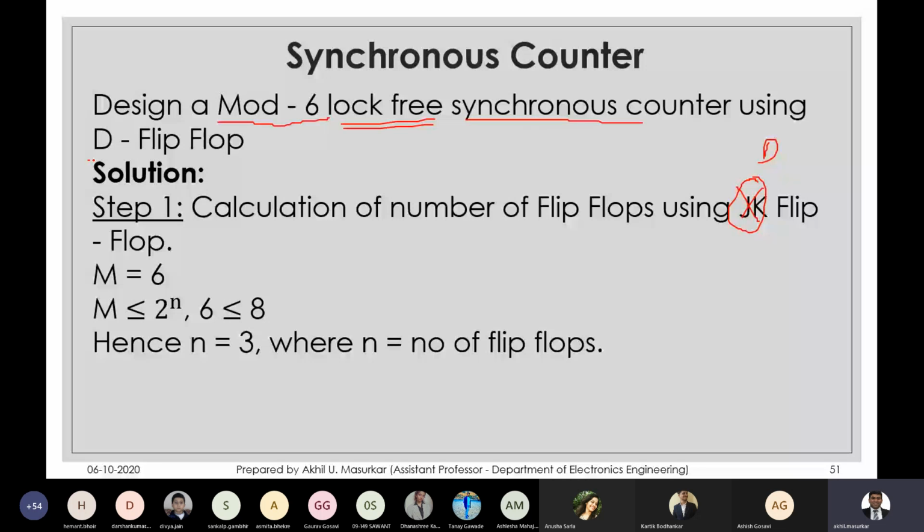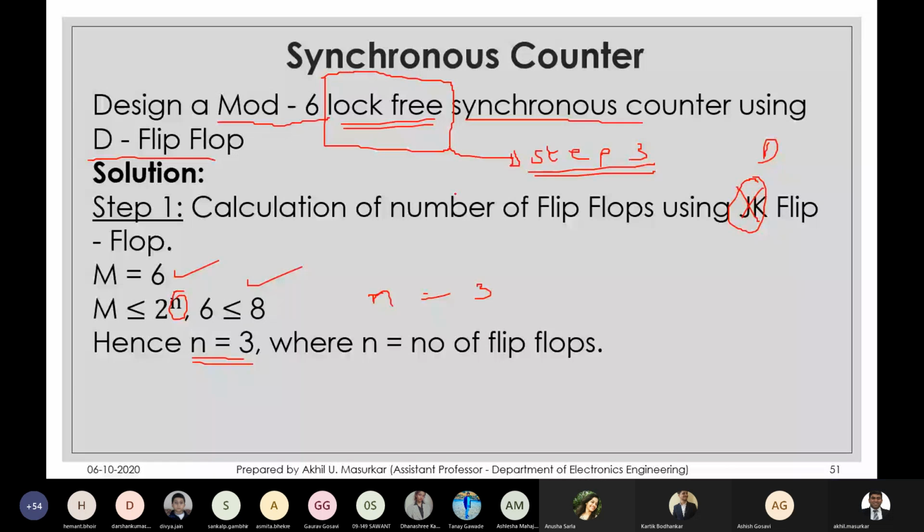So again, M is 6 and the number of flip-flops N is equal to 3, and you can see 6 is less than 8. That is the reason why the value of N for which this condition gets satisfied is N equal to 3. But now what is important to us is lock-free. So where in the design will I account for lock-free? That is in step number 3.